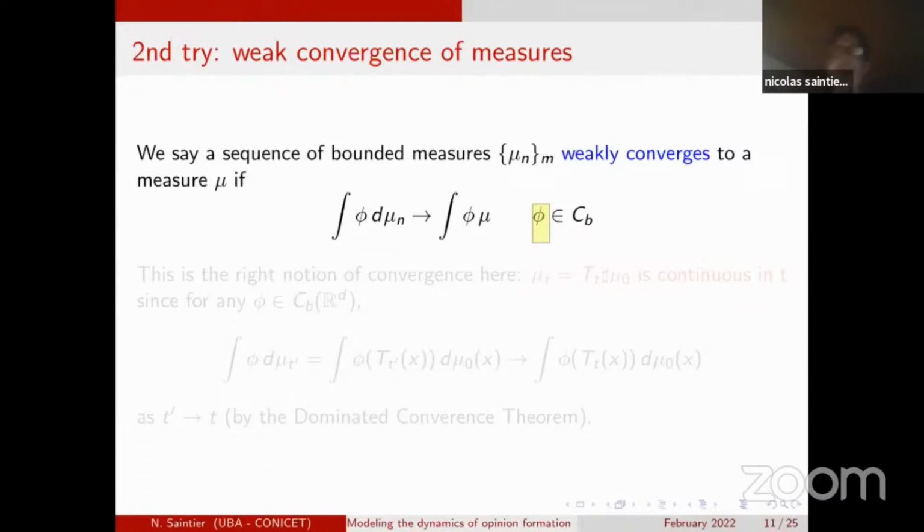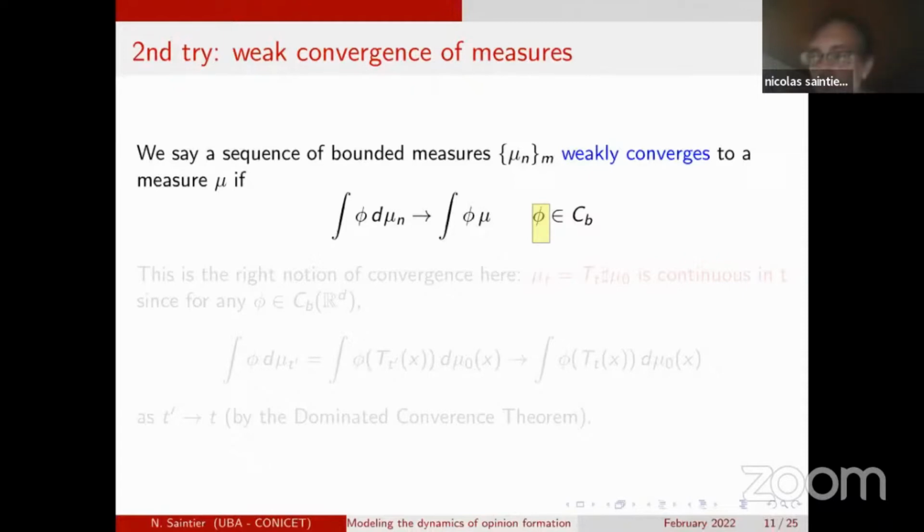But we do not require any kind of uniformity with respect to phi, as in the total variation norm, where the norm was the supremum over all test functions phi between -1 and 1. Here we just require something much weaker: for any given bounded continuous function, I need convergence. Which is pretty weak.